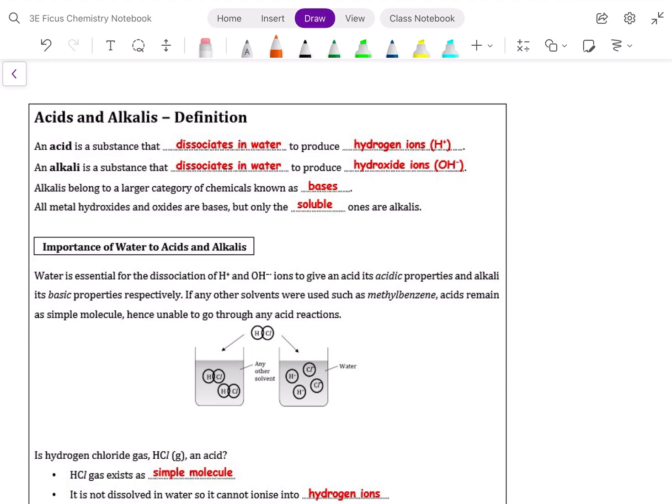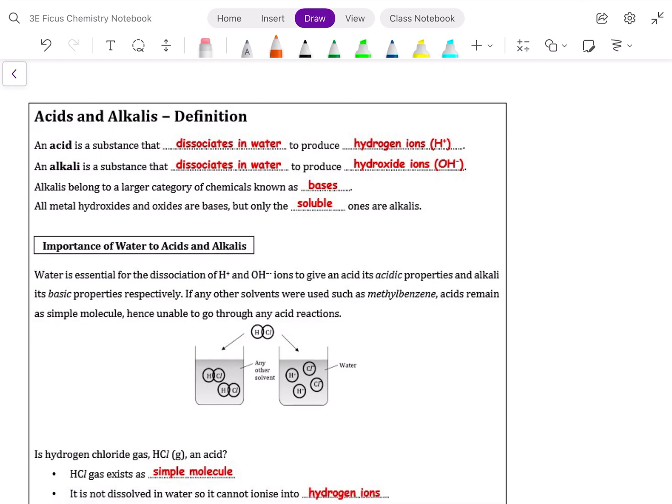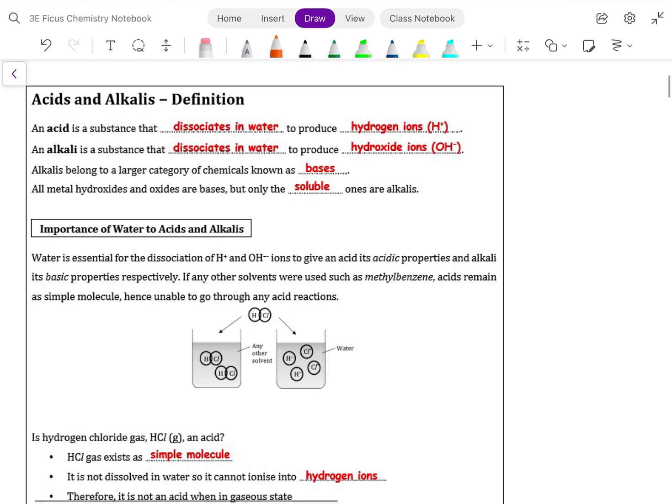Without further ado, let's look at the definitions of acids and alkaline. Basically, an acid is a substance that dissociates in water to produce H+ ions, whereas an alkaline is a substance that dissociates in water to produce hydroxide ions.